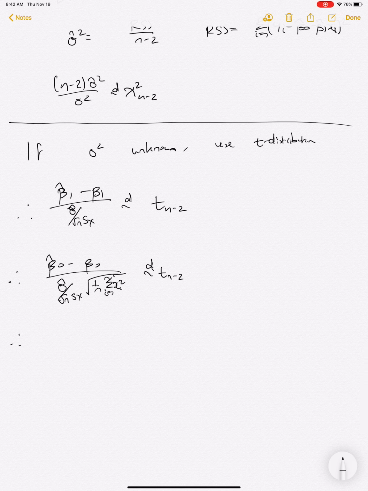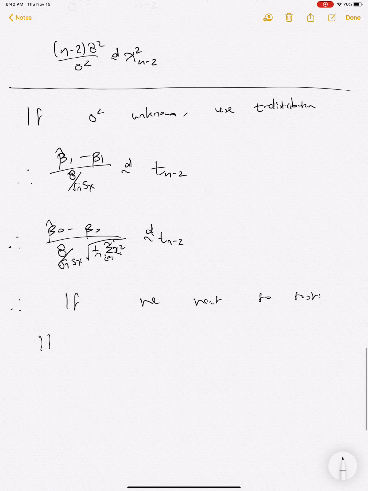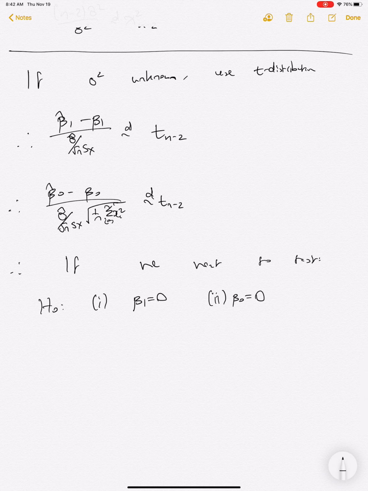And so what this also means is that there's two different hypotheses we could test here. One is that beta 1 is equal to 0, and the other one would be that beta 0 is equal to 0. So the intercept or the slope are 0. So we could just use a standard t-test.